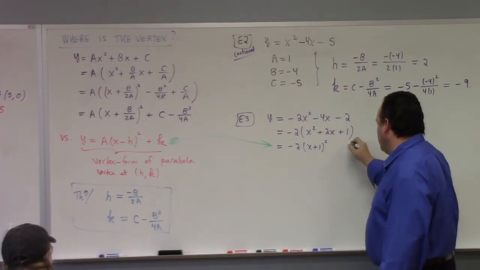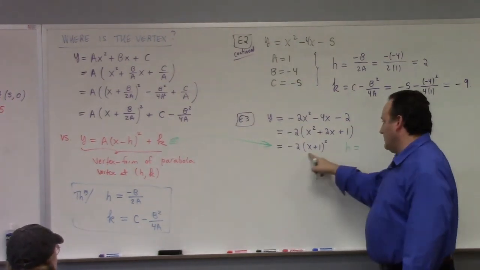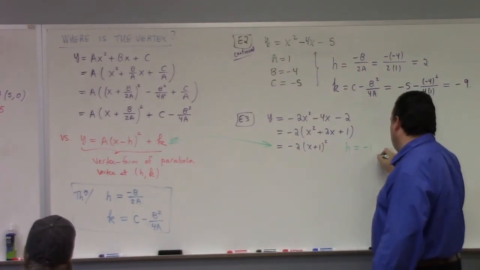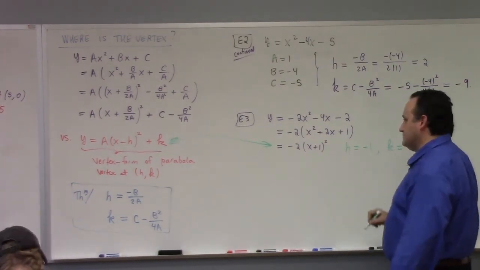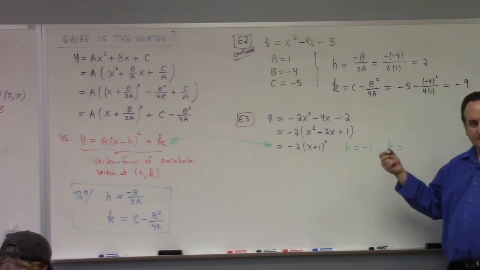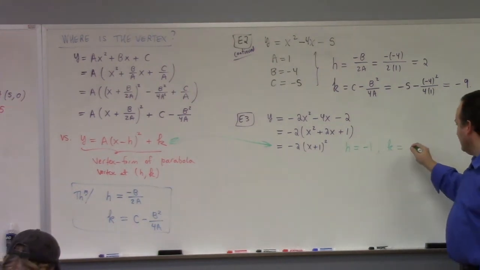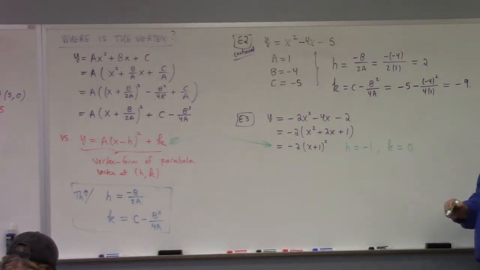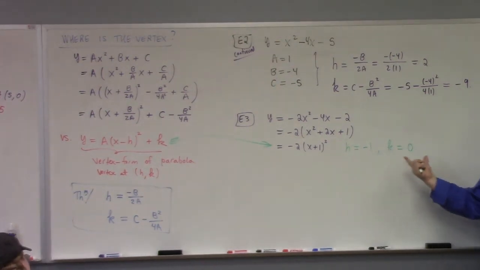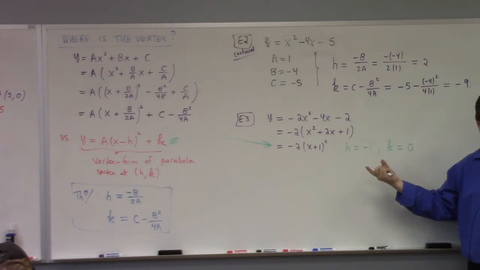You see h equals minus 1, right? k equals what? It's like wings on an elephant, they're set to 0, I mean plus 0. So the vertex here is at minus 1 comma 0.